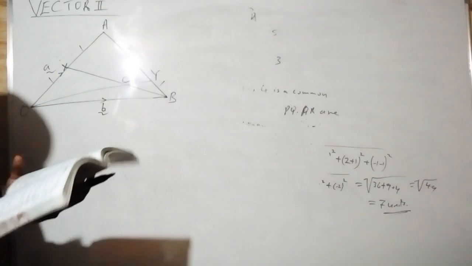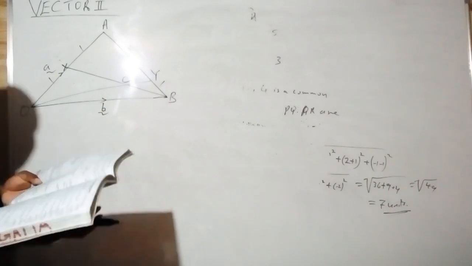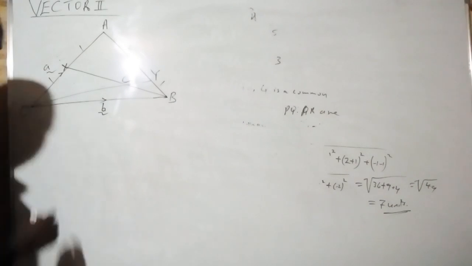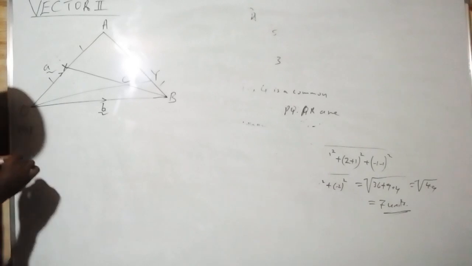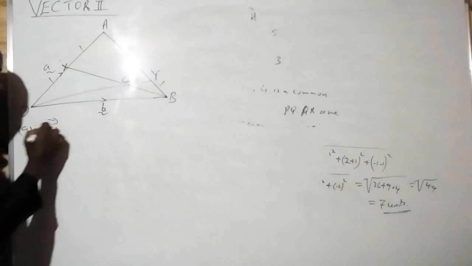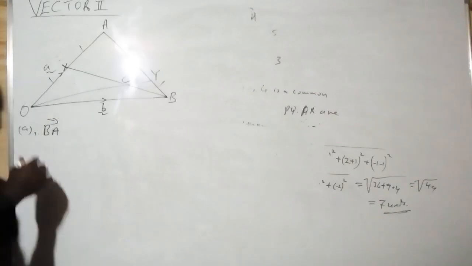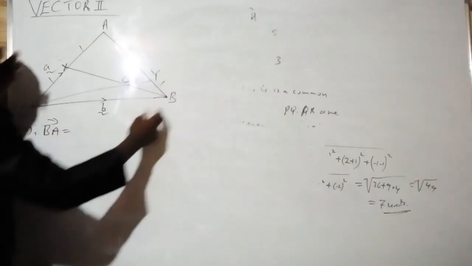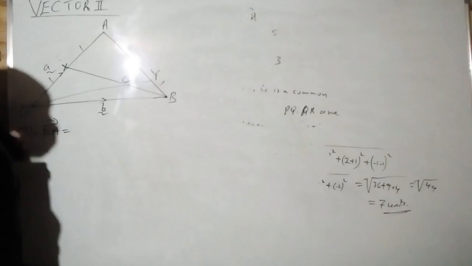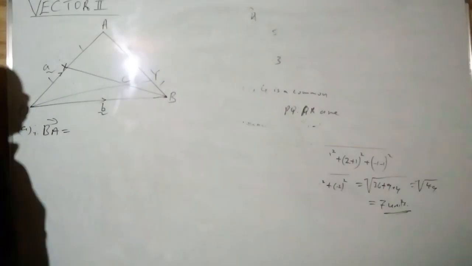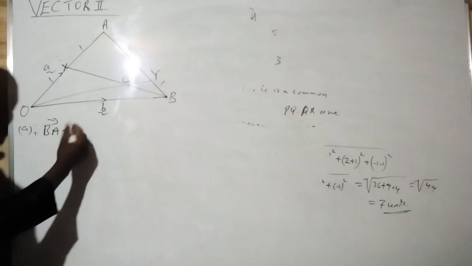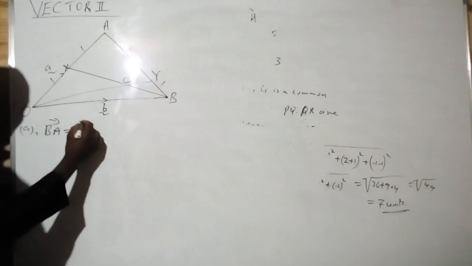Then, that being the case, we have everything there. You've been told to express Roman 1, BA, in terms of A and B. Good. BA, we want to move from B to A, but you cannot move from B to A directly. So we need to get a route. BA is equal to BO, vector BO plus OA.